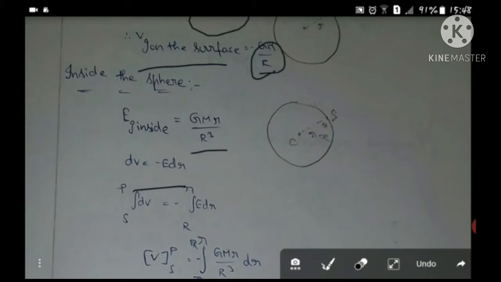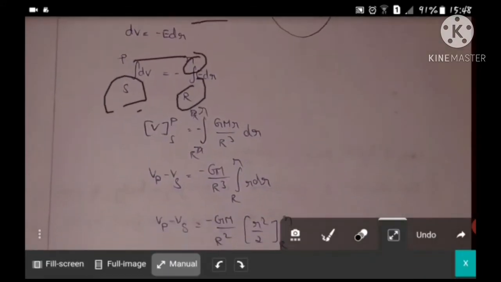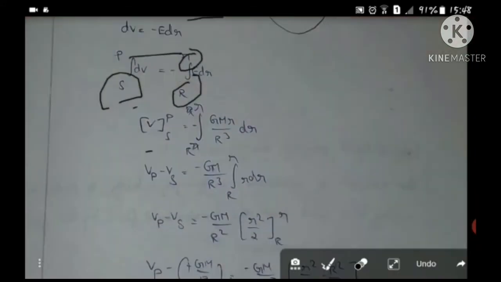The radius of the sphere is capital R, so we take in place of S as capital R, and the distance between center and S is R, so we take R. The distance between point P and center of the sphere is smaller r, so we take small r, and then we substitute the limits.